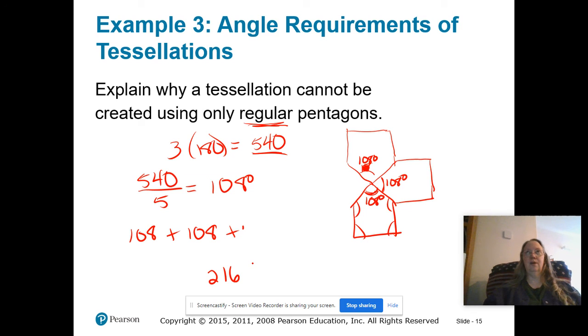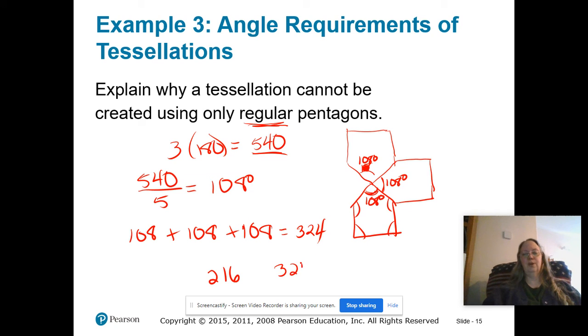It has to equal 360. Let's add another one: 216 plus 108 equals 324. Still not enough.